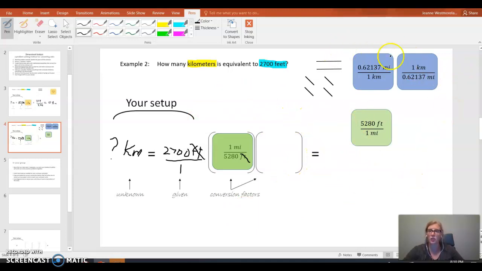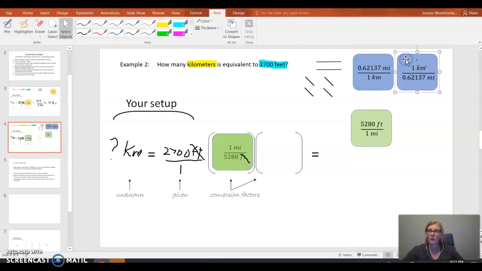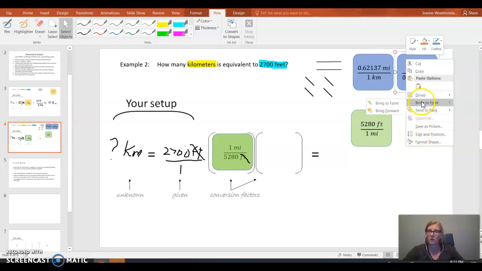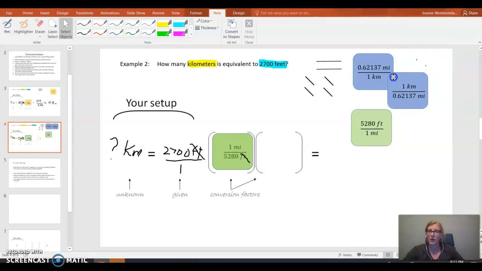So now I need to choose one of the two green fractions. I want to factor out mile and I want to end up with kilometer. So that means I need the mile to go in the denominator and the kilometer to go in the numerator. Just making sure my fraction will come to the front.